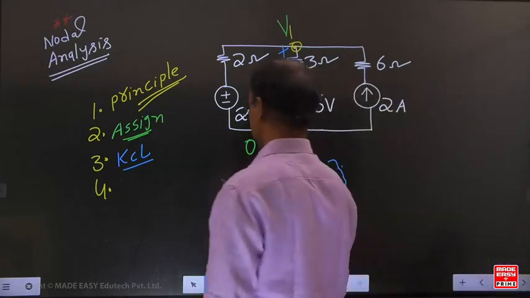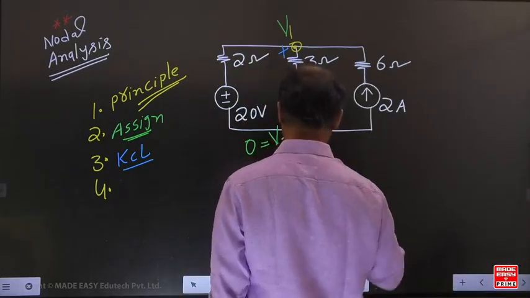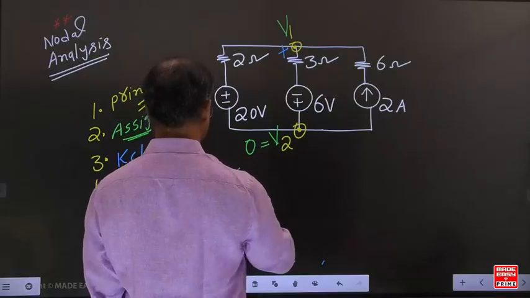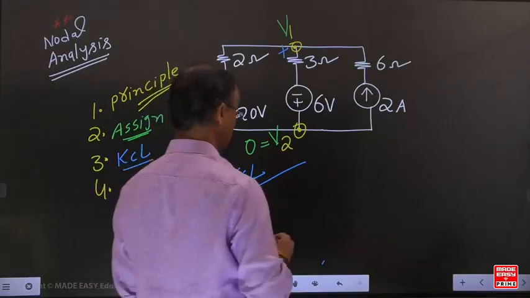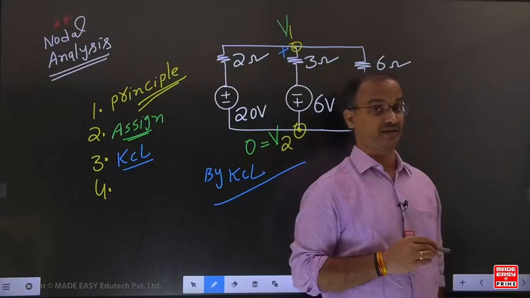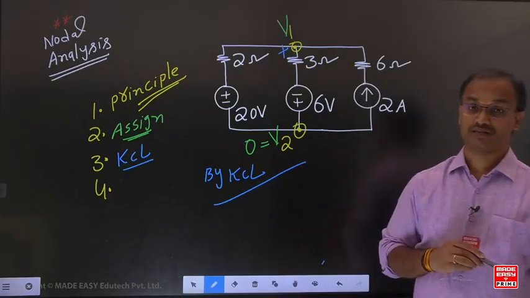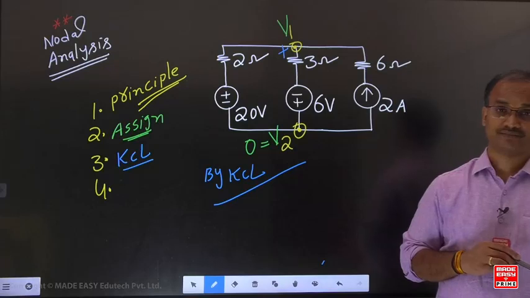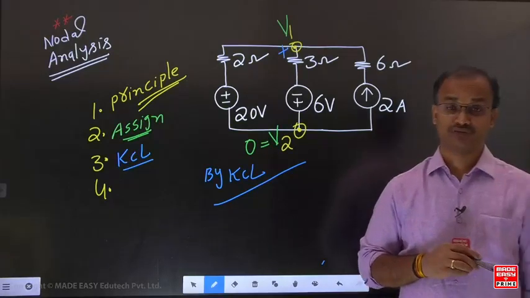Now let us write the KCL equation. While writing the KCL equation, the assumption is that the node voltage is greater when compared to all other voltages. With respect to that assumption, we write the equation.